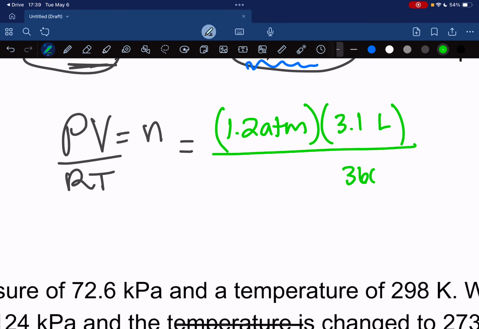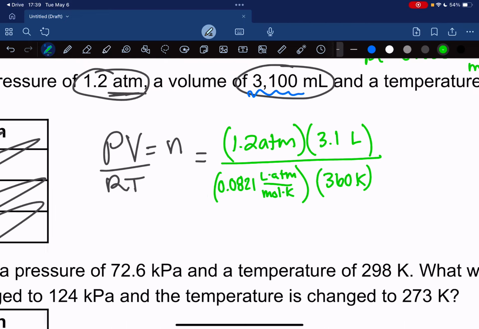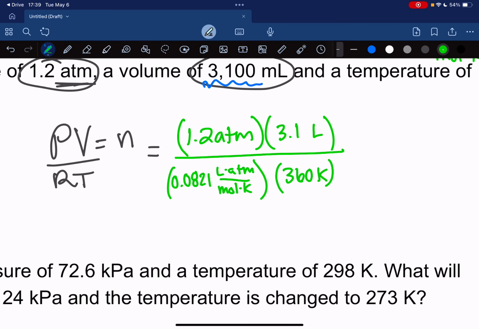Okay, so let's get the rest of these numbers in here. 360 Kelvin, that is my temperature. And my R is 0.0821 liters times atmospheres per mole Kelvin. Now I am free to punch my numbers into my calculator. 1.2 times 3.1 divided by 0.0821 times 360.